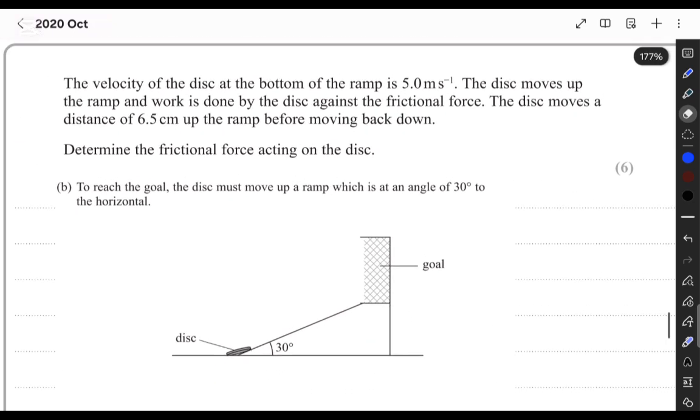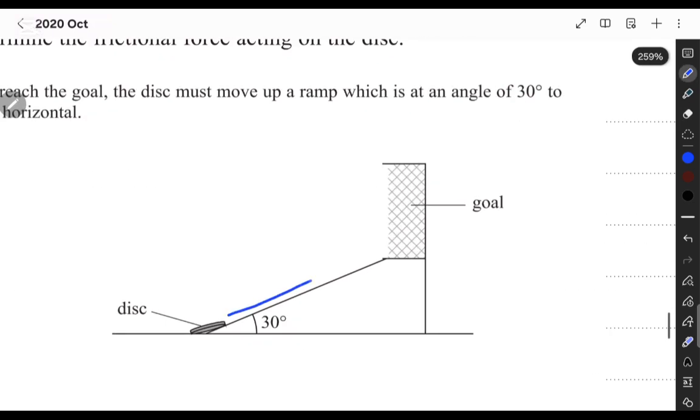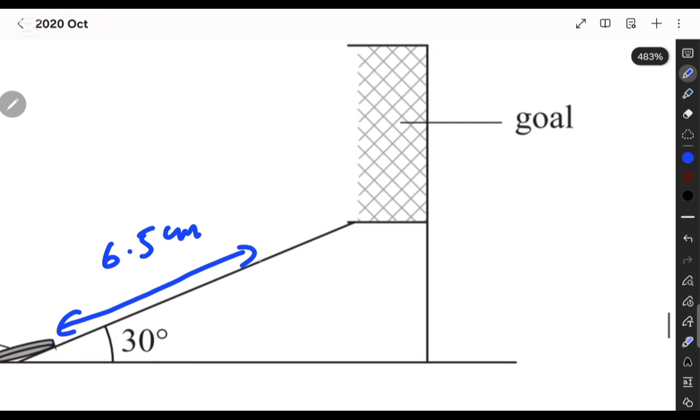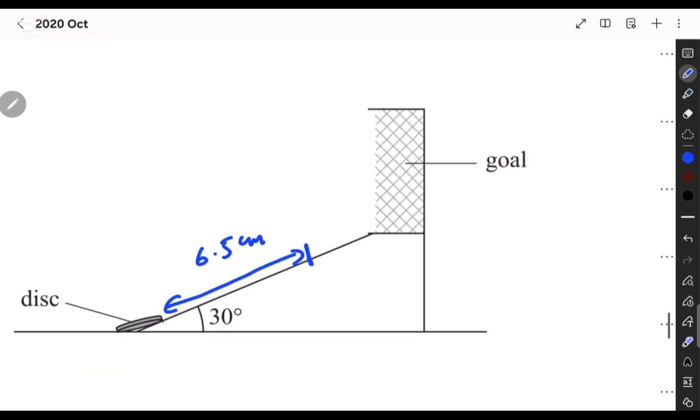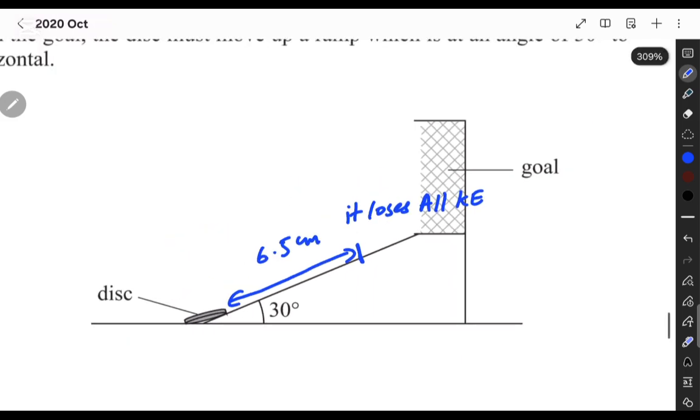The disk moves up a distance of 6.5 centimeter up the ramp, and after that it falls down, which means at 6.5 centimeter it loses all KE. Once it loses all KE, velocity becomes zero, and it falls down.